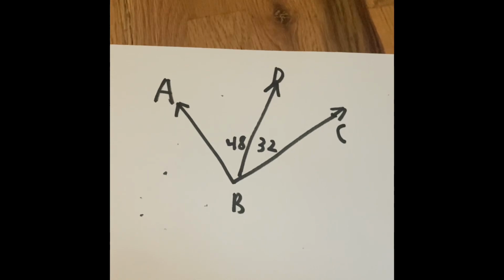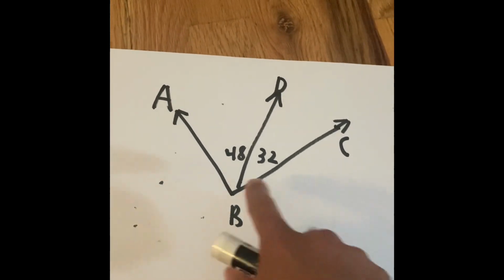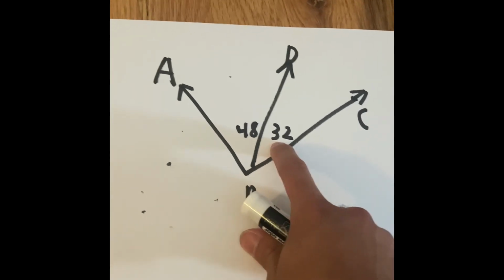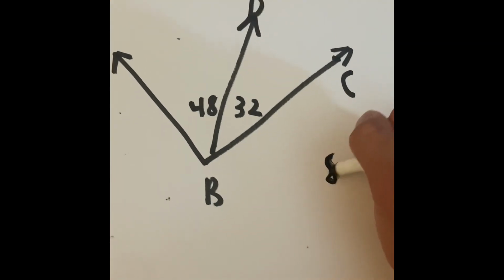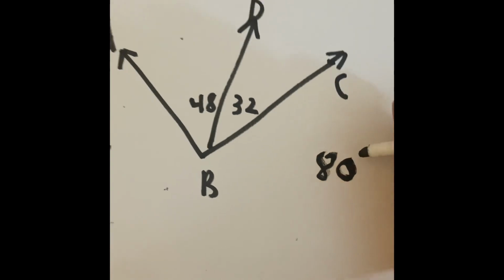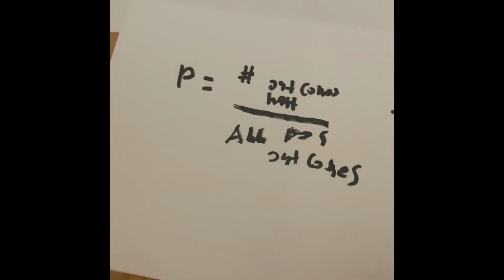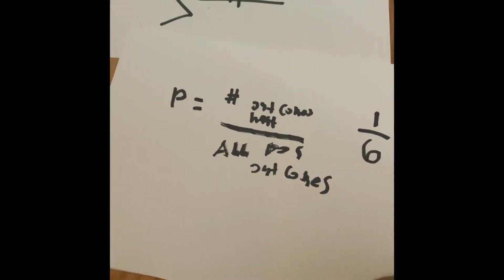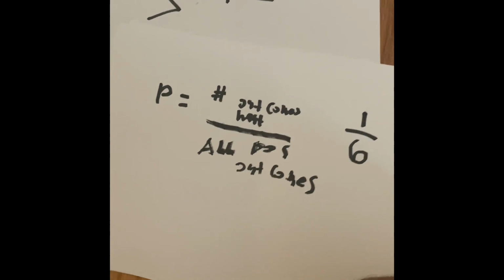So what's the chance? Well, we have 48 and we have 32. If we add the two, we get 80. And remember from the formula, probability is the number of outcomes that you want divided by all the possible outcomes.